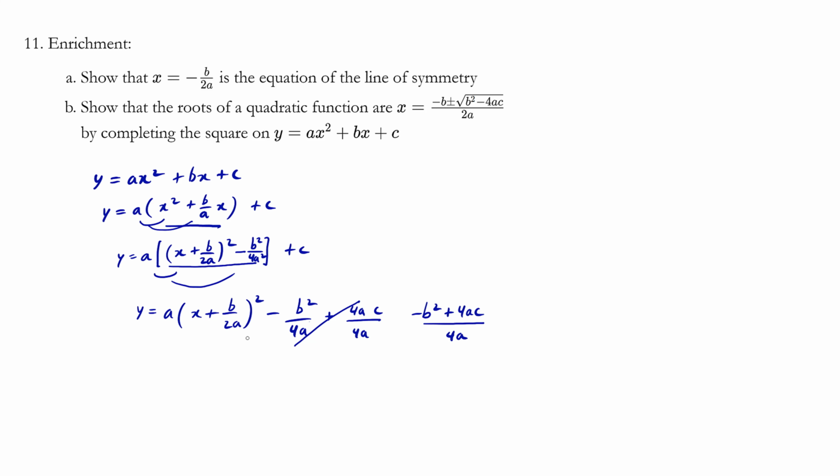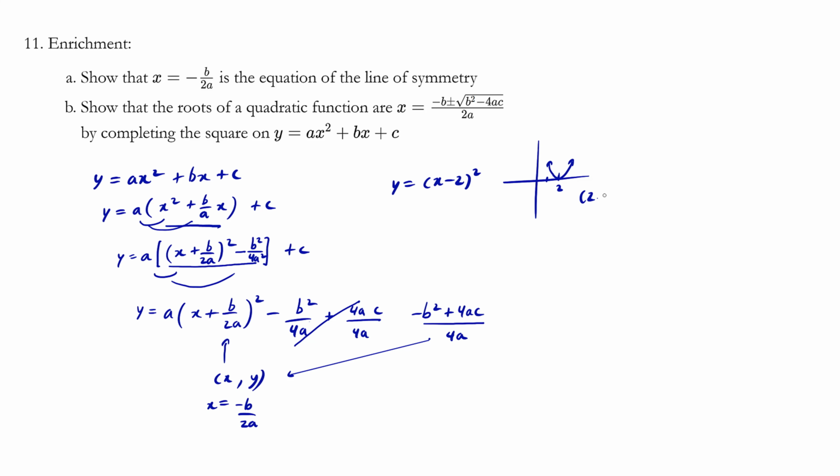So notice how this is the completed square version, and this here is your x value, and this part here would help you with the y value. Now be careful. x is not b over 2a. x equals negative b over 2a, because we want to remember that when you have a basic parabola such as y equals x minus 2 squared, we know the parabola is shifted 2 units to the right, and it cuts through 0.